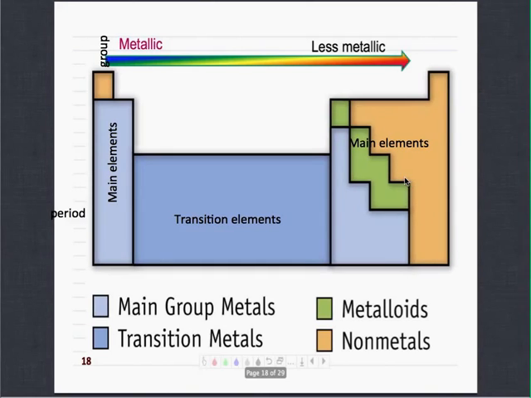This is color coded, as you can see. All of the blue are metals. Those in green are metalloids, which means they have partial properties of a metal and partial properties of a non-metal. And those in this color are non-metals. This is what he found.